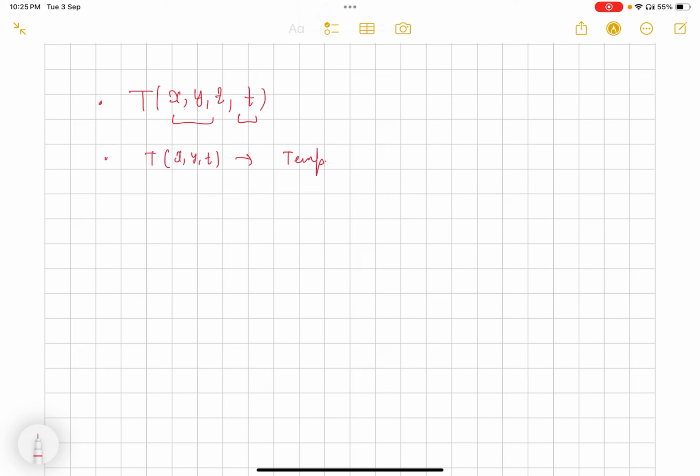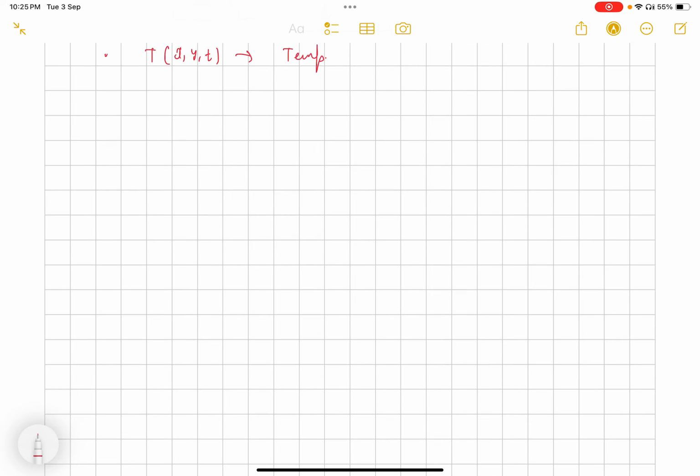Now we should understand the meaning of steady and unsteady, or transient, heat transfer.